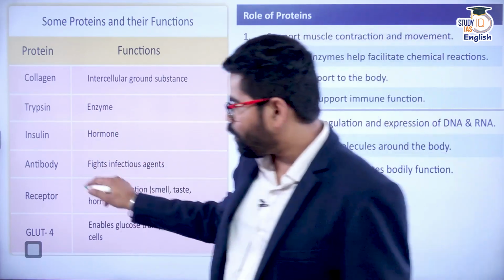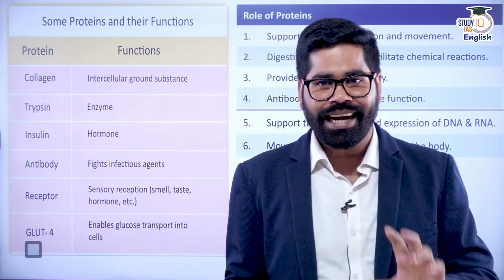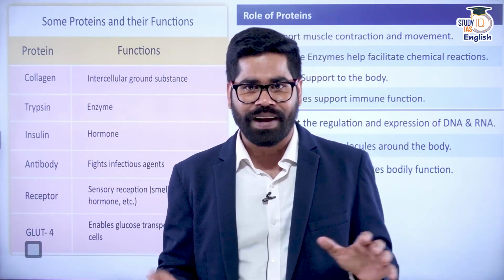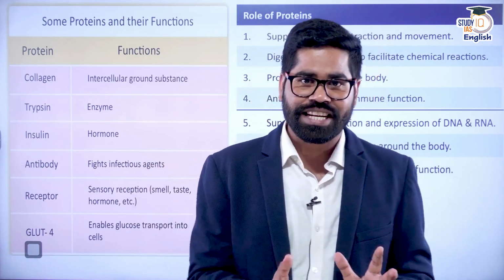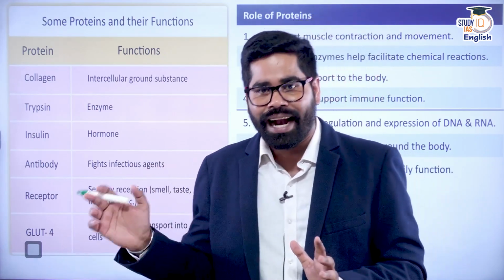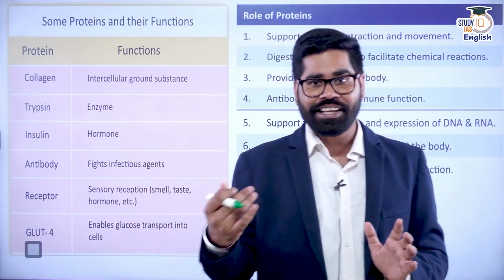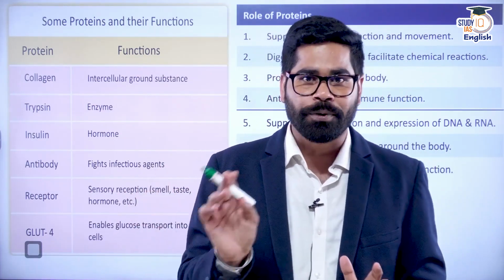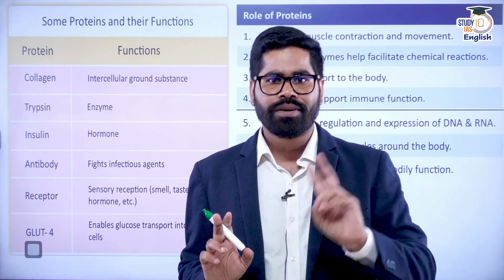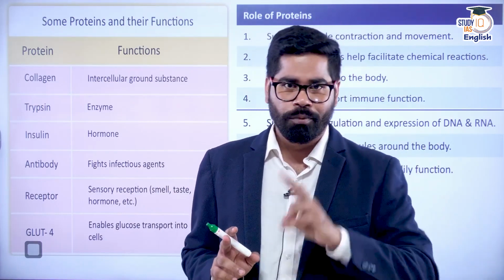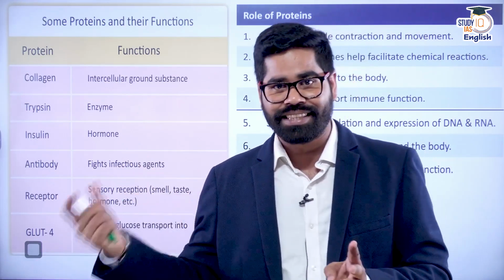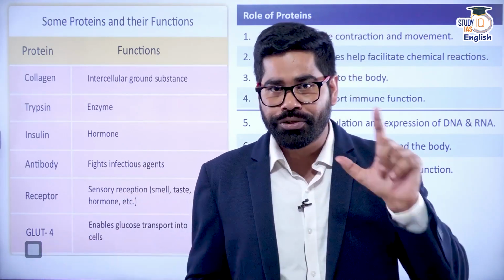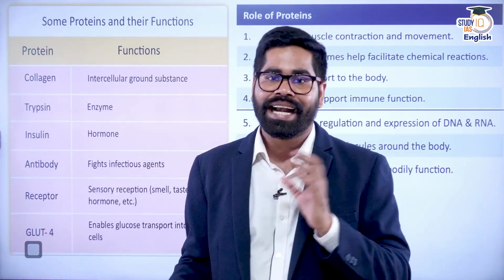Then the antibodies are responsible for fighting against different types of diseases. If any infection occurs within the body, then antibodies are created. And antibodies are nothing but again a protein. There are two things, one called antigen and one called antibody. Both are proteins. So the antigens of bacteria or any other such microorganisms are neutralized with the help of antibodies.